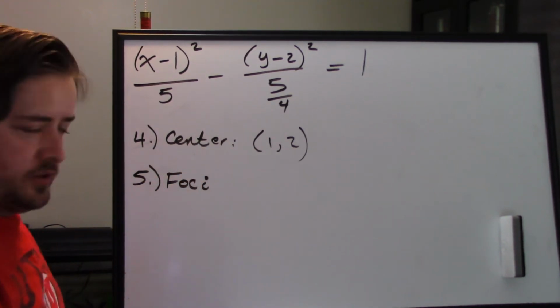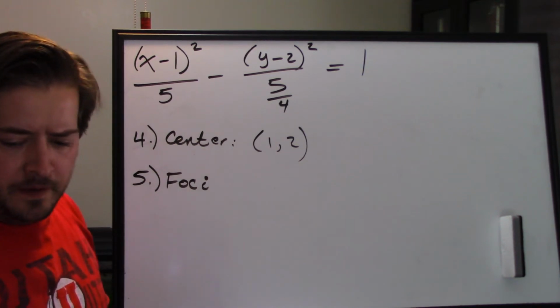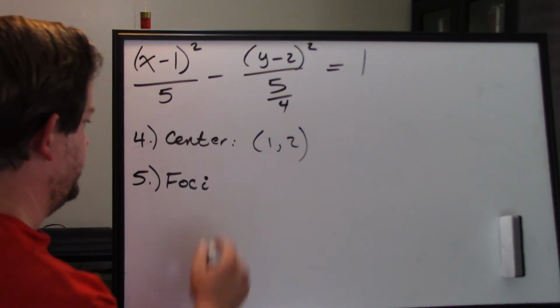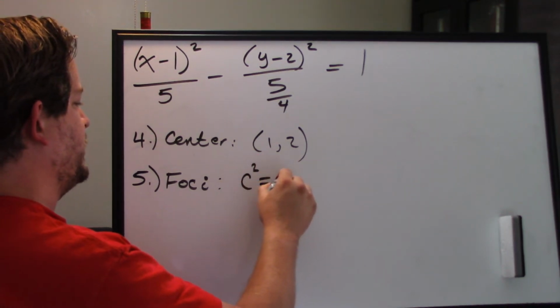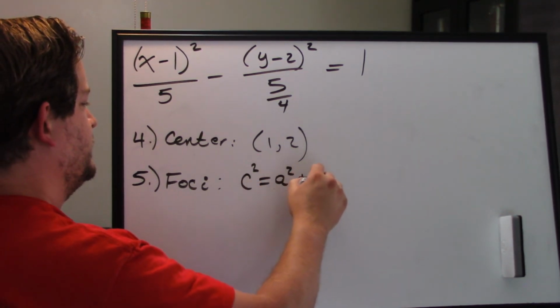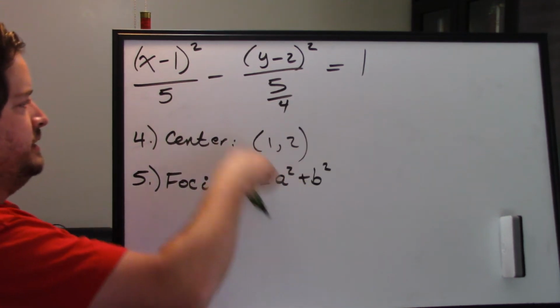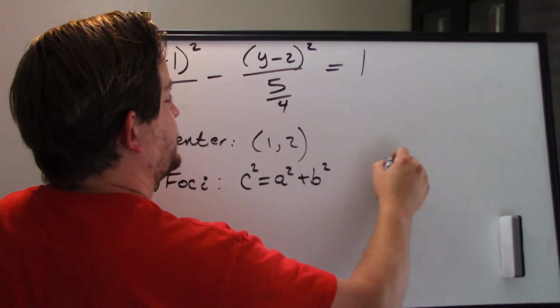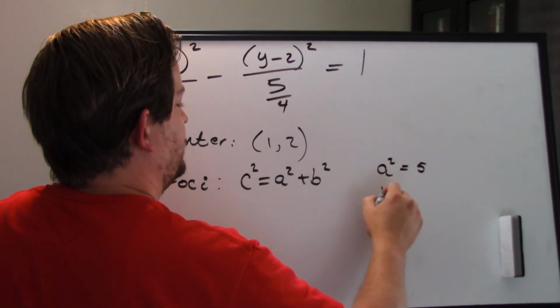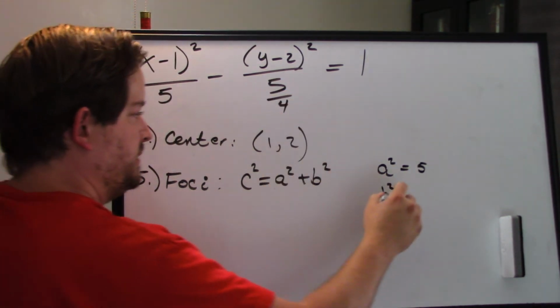Right. There's going to be 2 foci, and we need C for that. So foci, we have C squared, which is just A squared plus B squared, where A squared is 5, and B squared is 5/4.